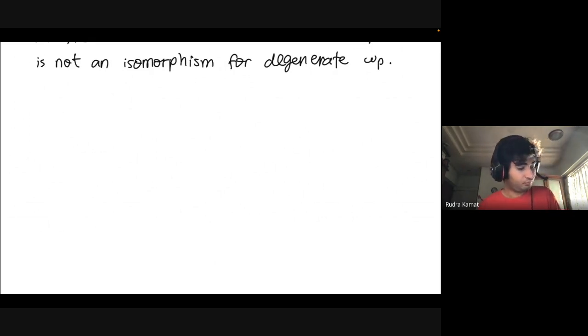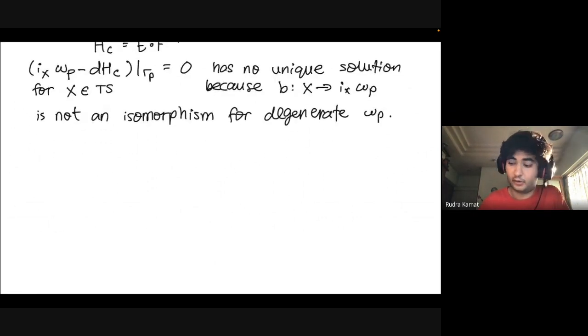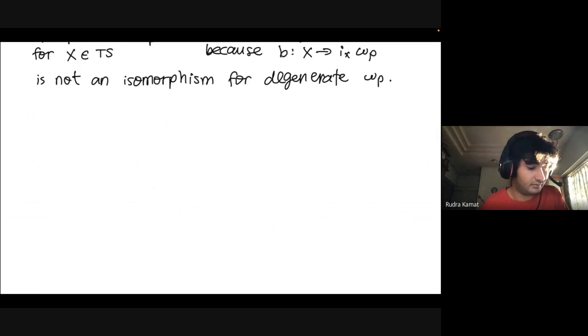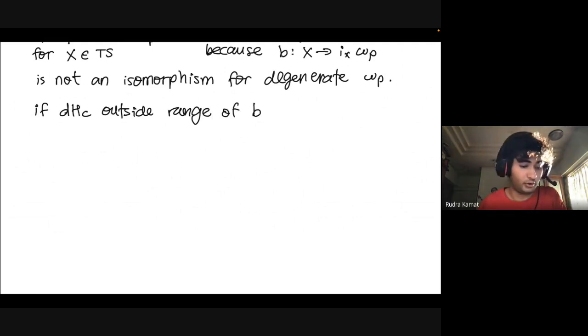Okay, so now what we need to do is that we want x to satisfy this on gamma sub p. This is being on gamma sub p itself. But will it stay there? What about the time evolution? For that, we need to consider whether dHC is outside the range of B, and we want corresponding elements.